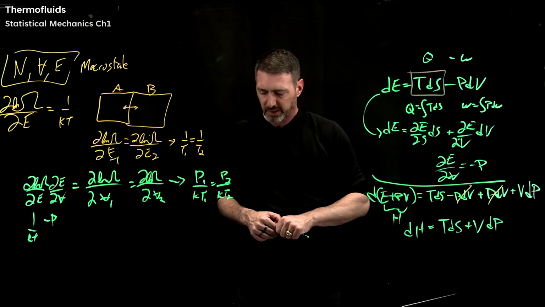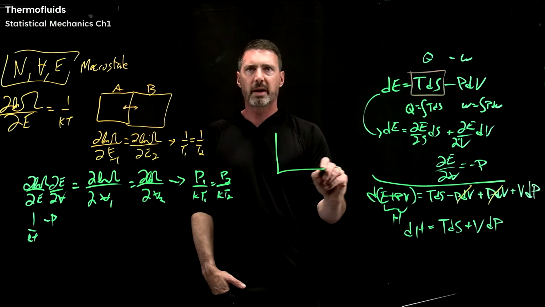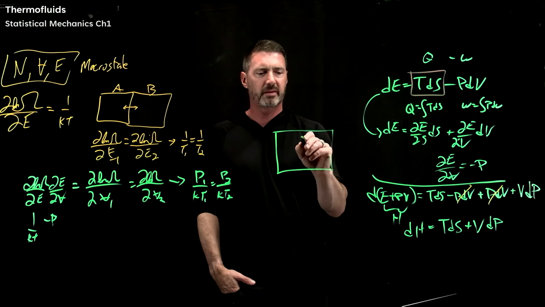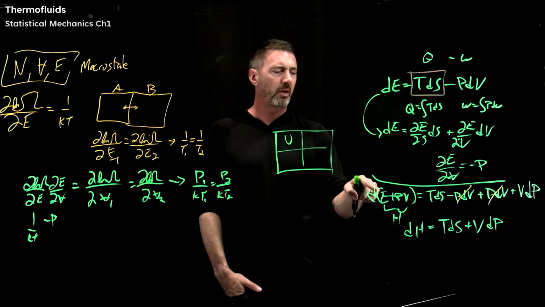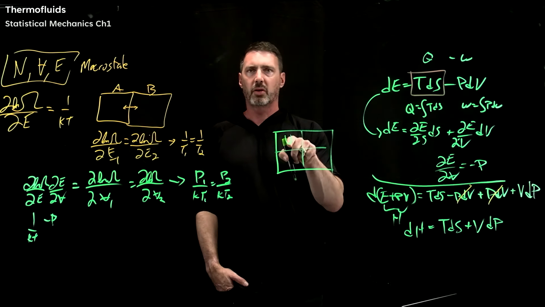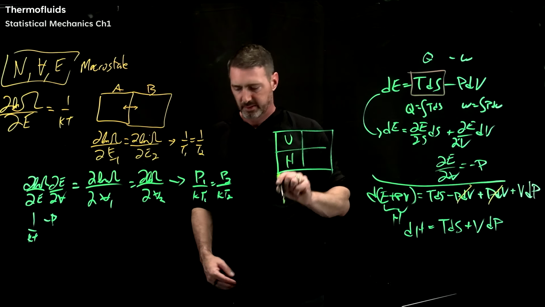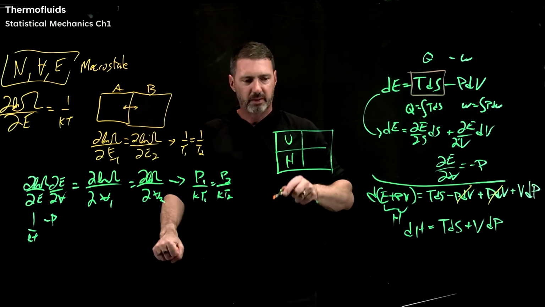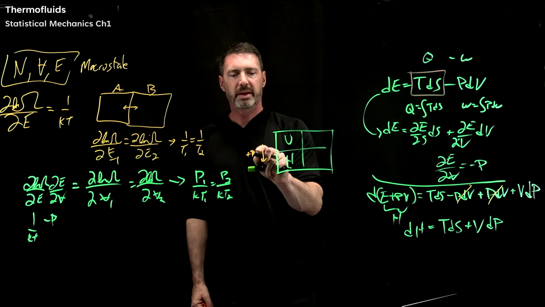Okay? And the easy way to draw and remember this, and we'll come back and share this many times, this could take a little while to sink in. So I'll use the standard U. I know a lot of times E and U are being repeated a lot. This is our internal energy. Okay? This is enthalpy. And what we're doing in going in this direction is we're adding PV.